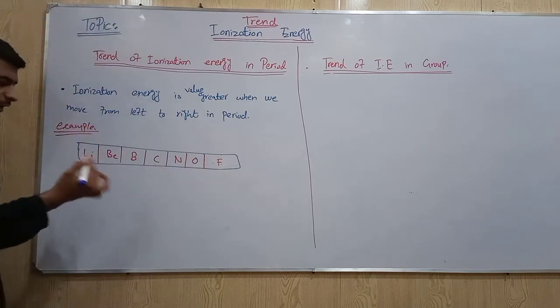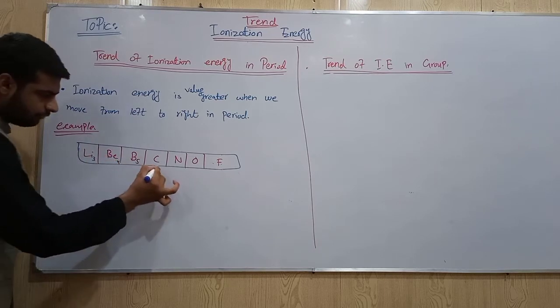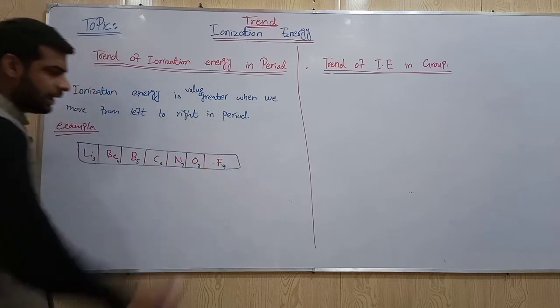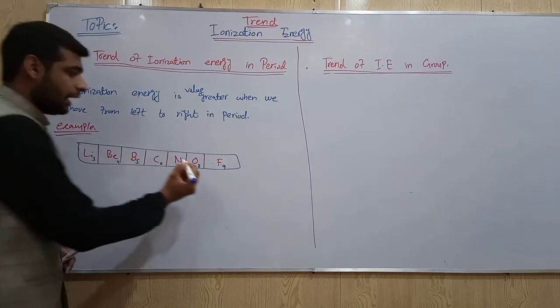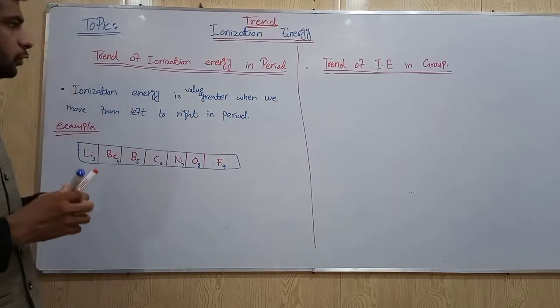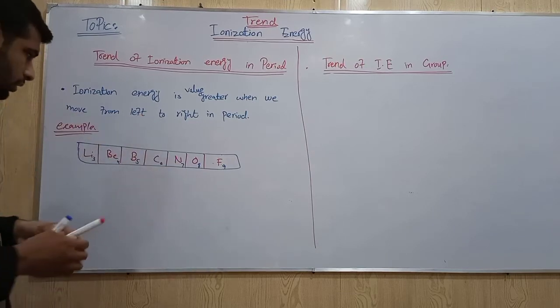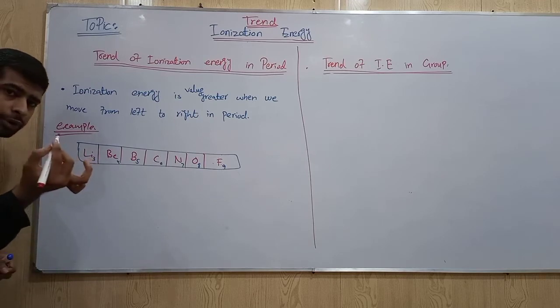And their atomic numbers are lithium 3, beryllium 4, boron 5, 6, 7, 8 and fluorine has atomic number 9. And now we will discuss the reason why the ionization energy value is greater when we move from left to right. Firstly, I will discuss the boron atomic structure.